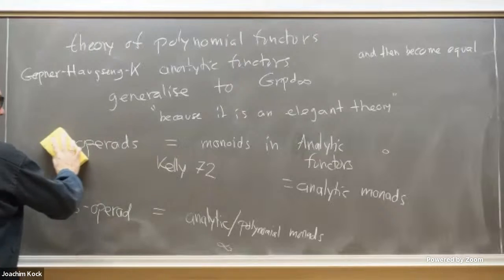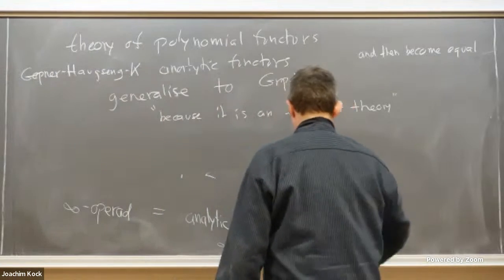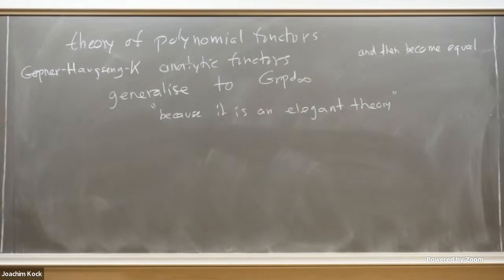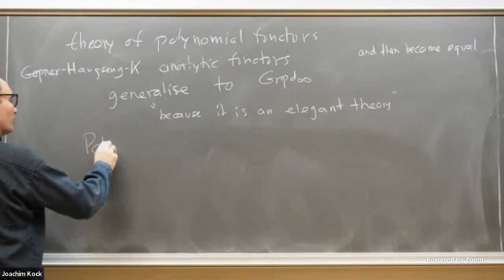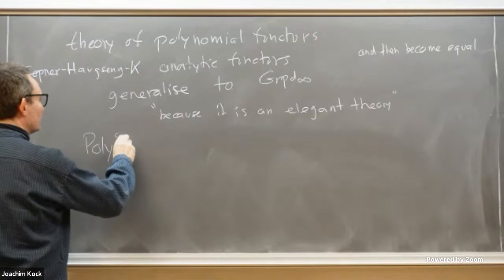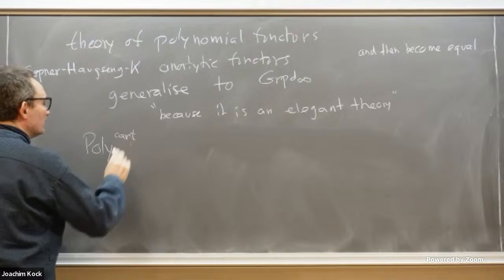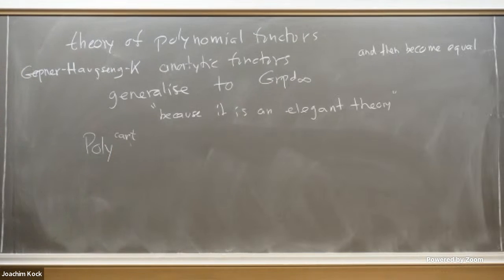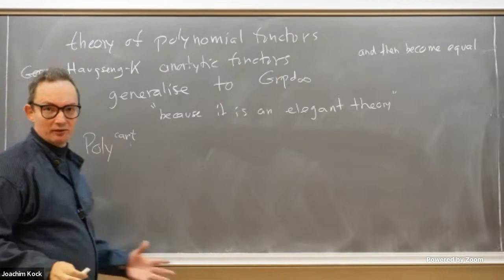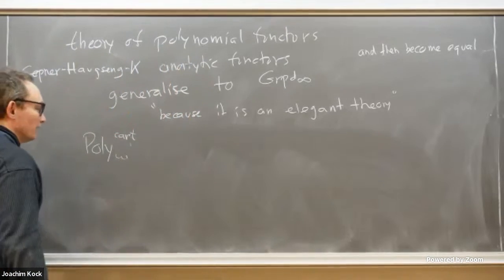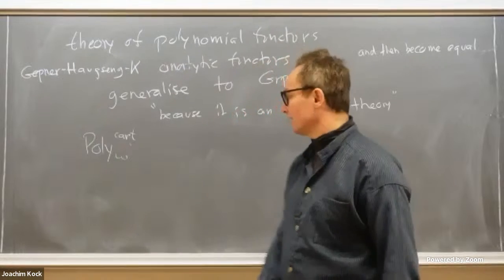Let me take the operads. If you look at the category of polynomial functors, and we are only looking at the Cartesian fragment, I have been suppressing finiteness conditions, but here I really want to put it just to not tell you lies.